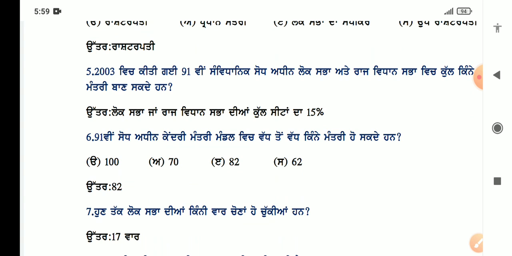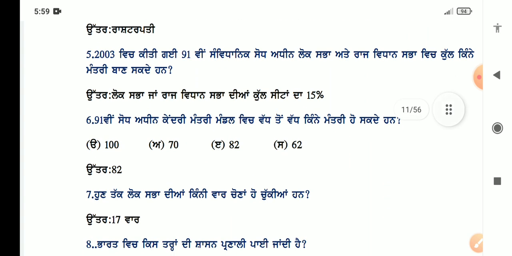According to that, what percentage of MPs of Lok Sabha and MLAs of state legislature can be made ministers?